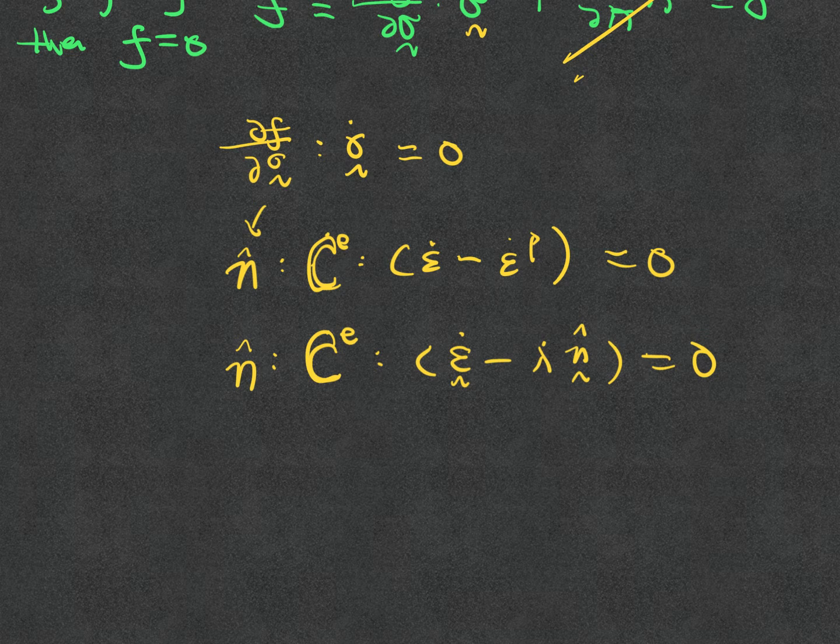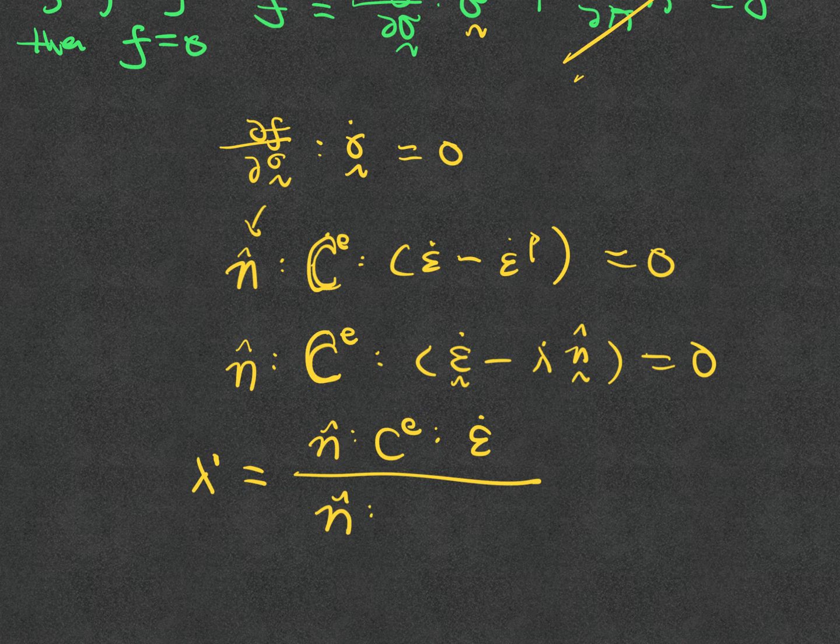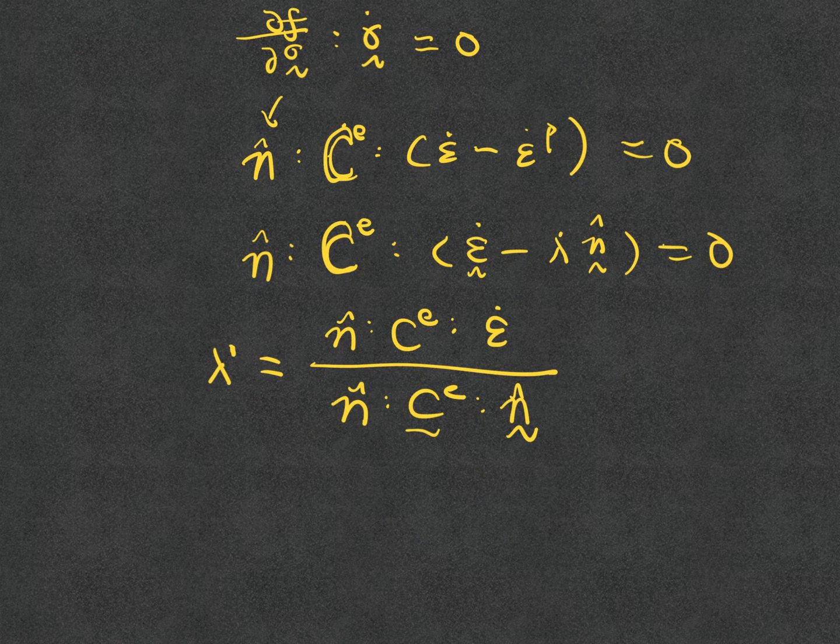If I do some algebra and put the lambda dot onto the other side, I will get n double dot C^E double dot epsilon dot, divided by n double dot C^E double dot n. Okay, I'll have exact expressions.